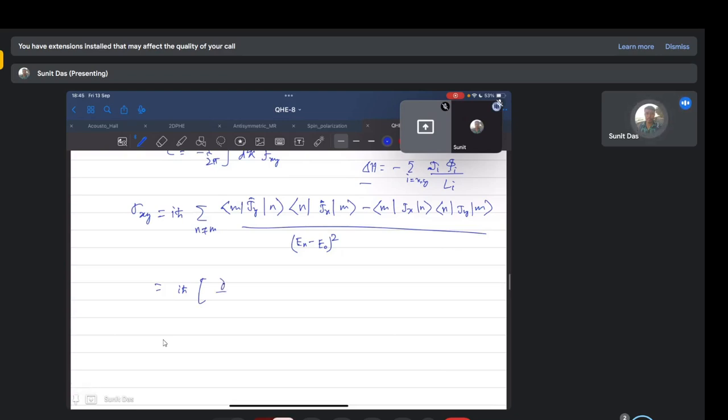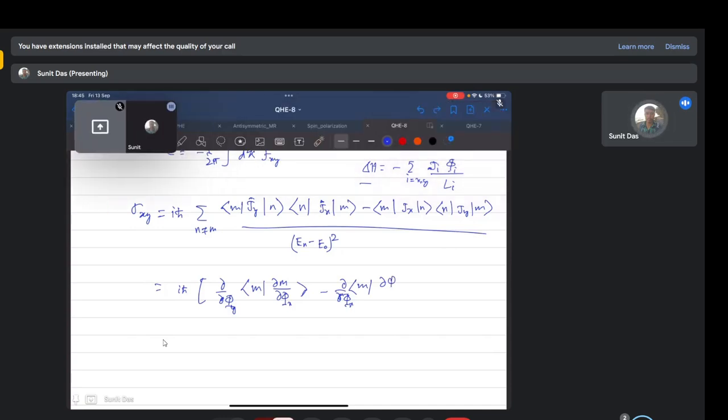So we can write it in terms of del phi_y, and then m, del n, sorry, del m itself, where phi_x and phi_y are the flux components, minus del phi_x, and then m, del phi, sorry, del m it will be.